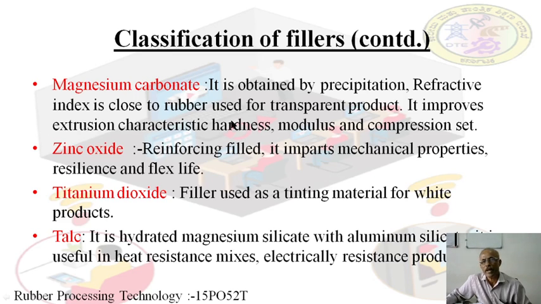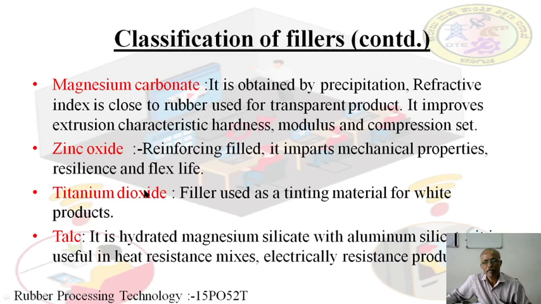Magnesium carbonate, it is obtained by precipitation. Refractive index is close to rubber, used for transparent products. So it improves extrusion characteristics, hardness, modulus, and compression set. Next, zinc oxide. It's a reinforcing filler. It imparts mechanical properties, resilience, and flex life, and also it will give heat stability and protection against ultraviolet radiation.